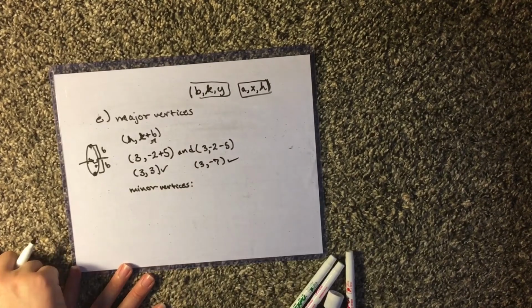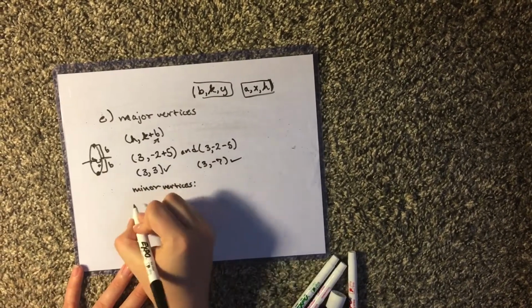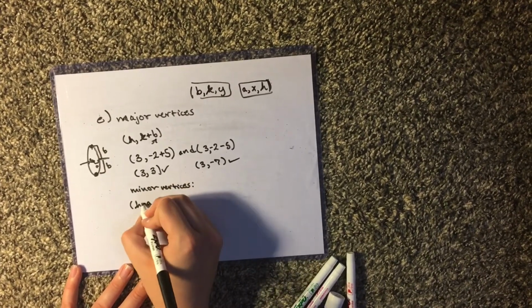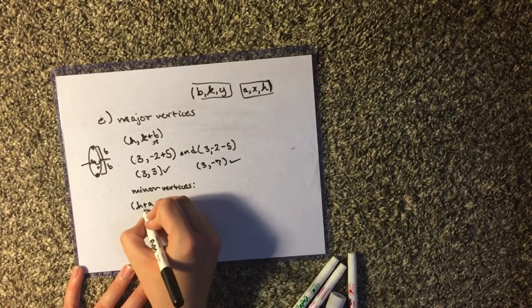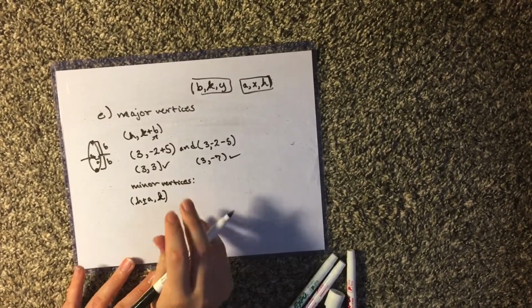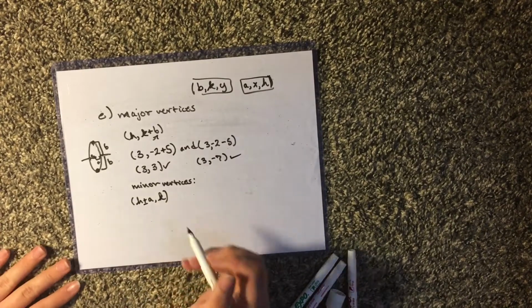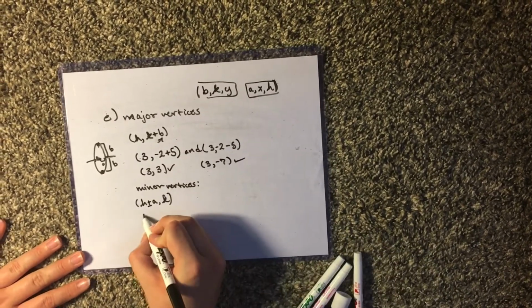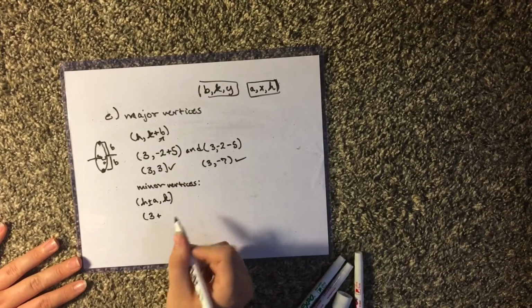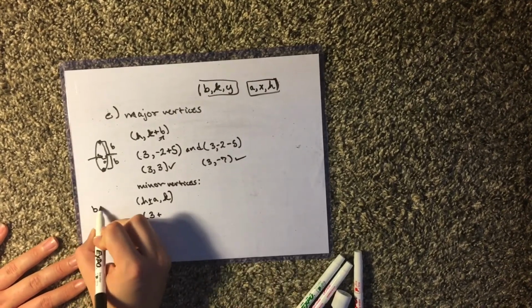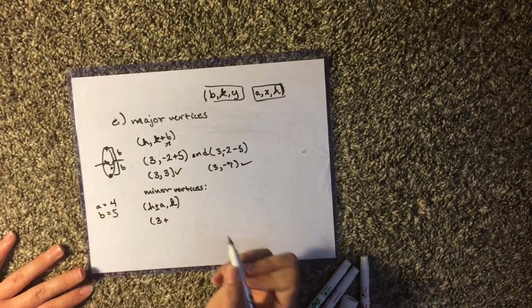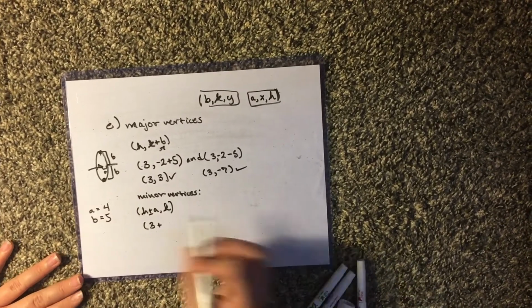Since these two are going to be the minor vertices, instead we're going to do H minus A, or H plus A, H minus A, K. So we're going to go ahead and go 3 plus, and we've already figured out that B equals 5, but A equals 4.